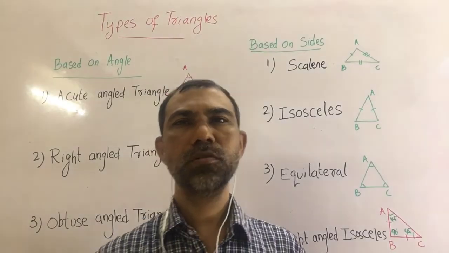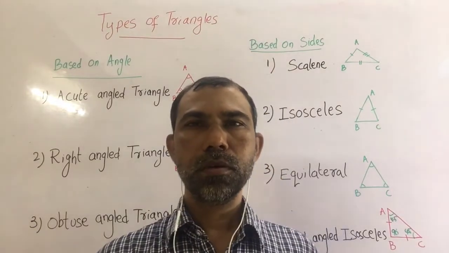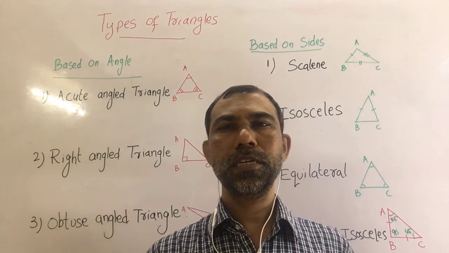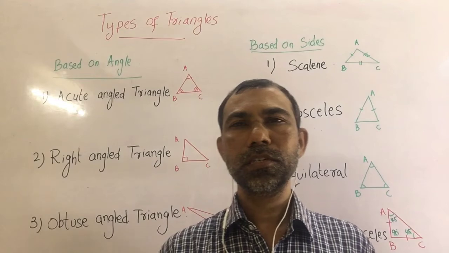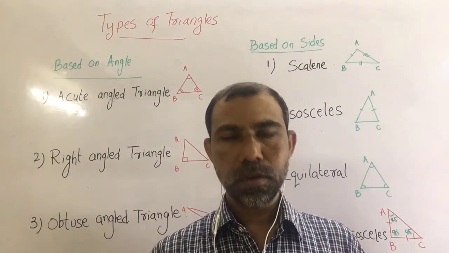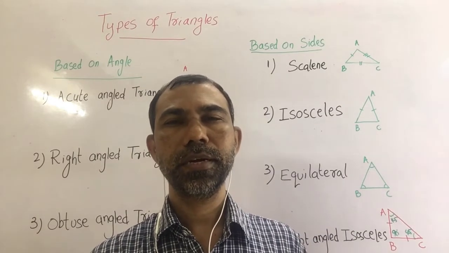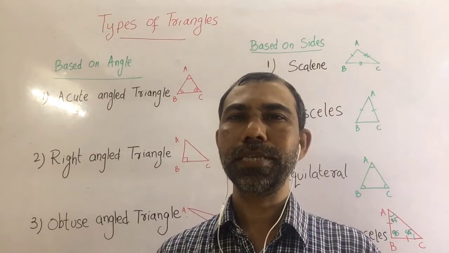Let's discuss the concept of triangles now. What is a triangle? Triangle, by the name, it says it has three angles, and of course it will have three sides also. The definition of a triangle is a simple closed figure with three sides.